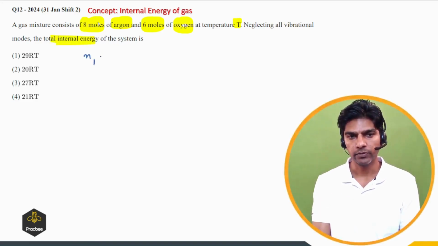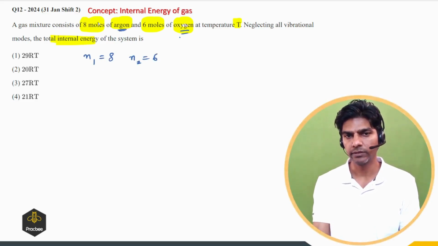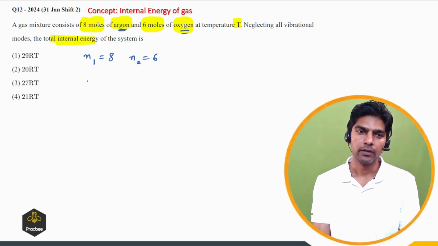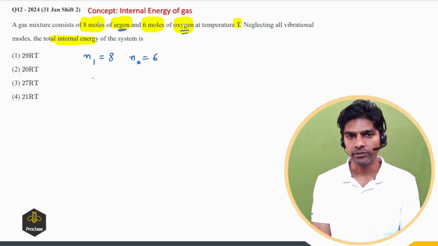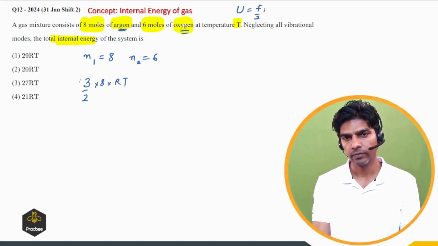So let us say N1 is given as 8, N2 is 6, and the first gas is a monatomic gas, the other gas is the diatomic gas. Now the internal energy corresponding to the first gas will be 3 by 2 nRT, where the formula for internal energy is f by 2 nRT.